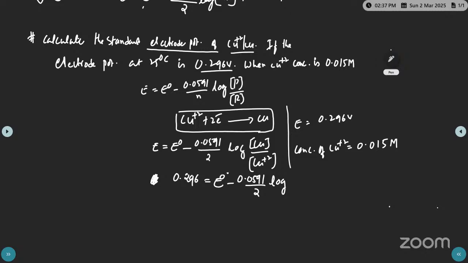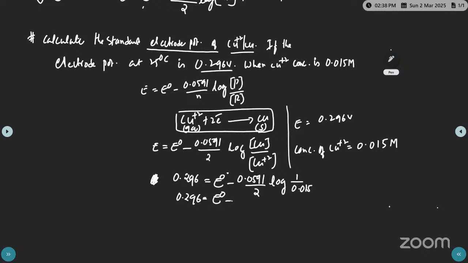So concentration of copper is medium, and copper metal is formed. Okay, so the concentration of copper is 1 by concentration of Cu plus 2 is 0.015. So 0.296 is equal to E naught minus.